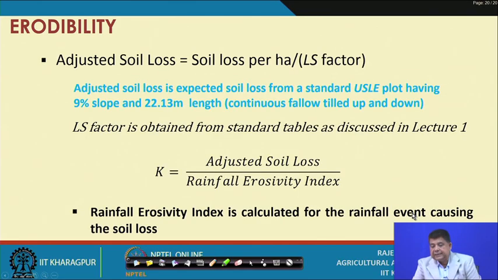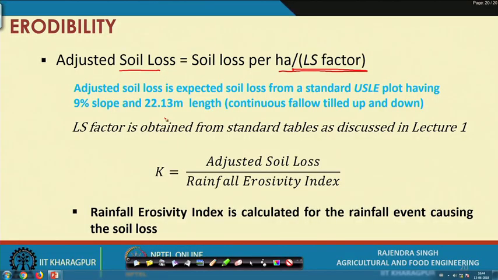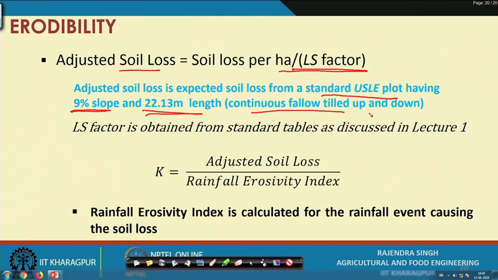In the second case, we can adjust the soil loss for the LS factor, because we might have used a non-standard plot. So we convert that to the standard USLE plot, where we know that a slope of 9% and a length of 22.13 meters is used, and the plot is continuously fallow, tilled up and down.